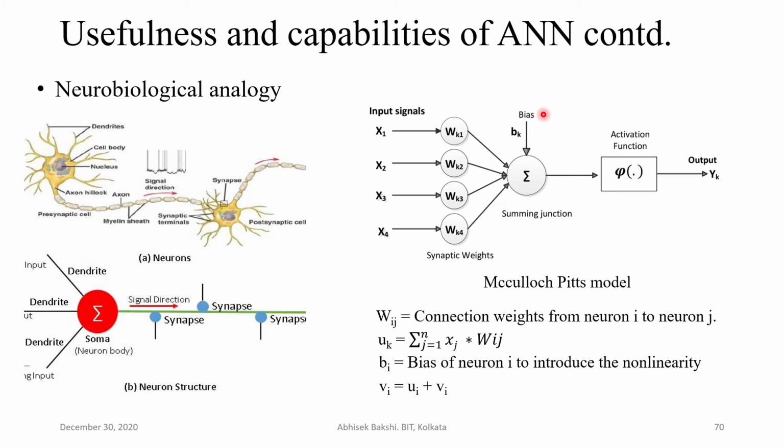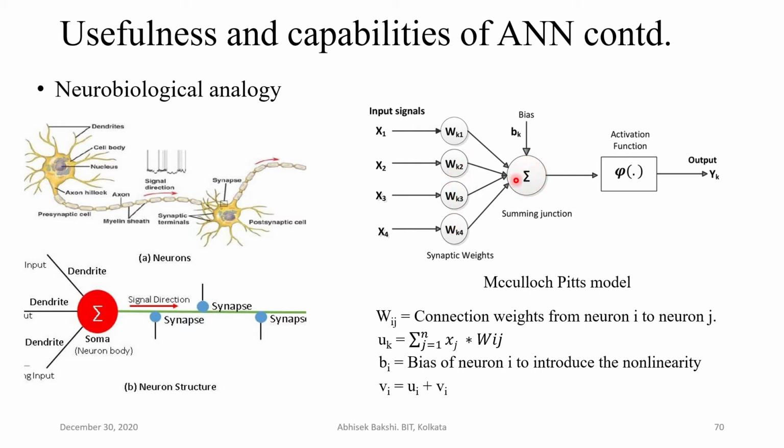dendrite. This dendrite has the synaptic weight written as BK, and the other synaptic weights are written as W with respect to which dendrite it is coming from. Since it is coming from x1, it is written WK1. Since it is coming from x2, this weight is written as WK2, and so on. And what happens over here?